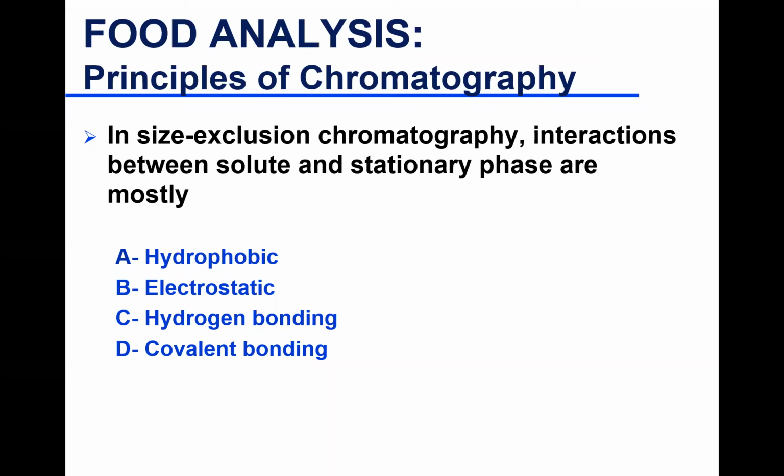So hence the name gel permeation is something common. It means the same thing as size exclusion. So basically you have your gel that is made up of different pores, and your samples are separating physically based on their size. So there is no interaction with your stationary phase.